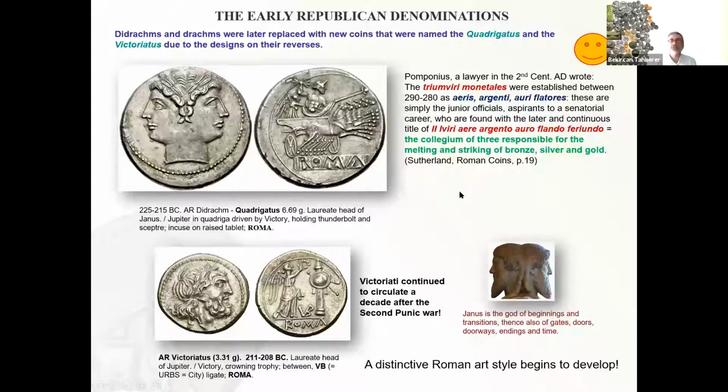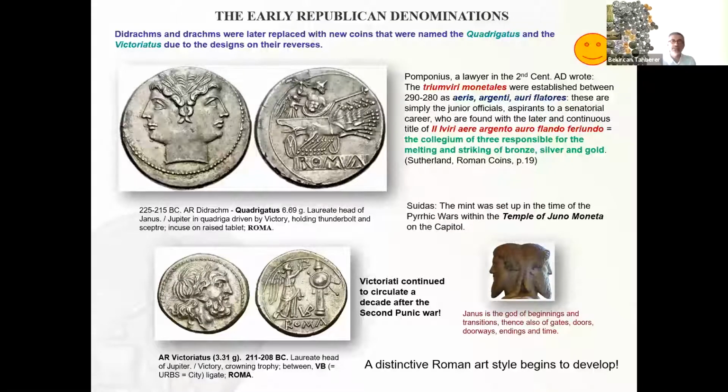These are simply the junior officials, aspirants to a senatorial career, who are found with the later and continuous title of IIIviri aere argento auro flando feriundo, the collegium of three responsible for the melting and striking of bronze, silver, and gold. We're going to hear that a lot from now on.